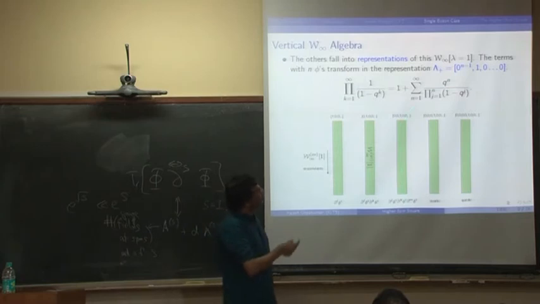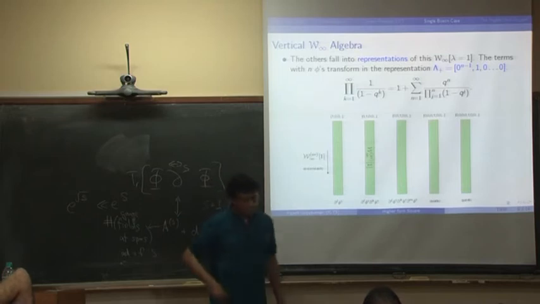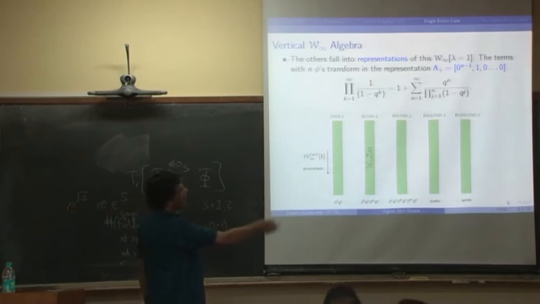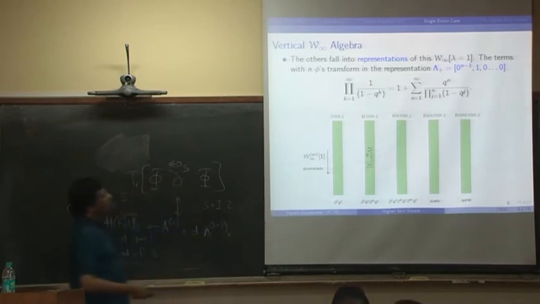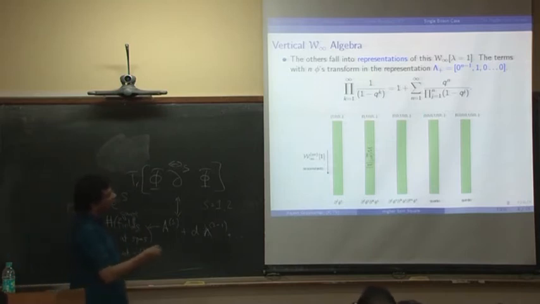So the column with n fields phi transforms in the nth antisymmetric representation. So you have an infinite set of these columns, and so you can divide up all the generators of this bigger algebra in terms of these columns.